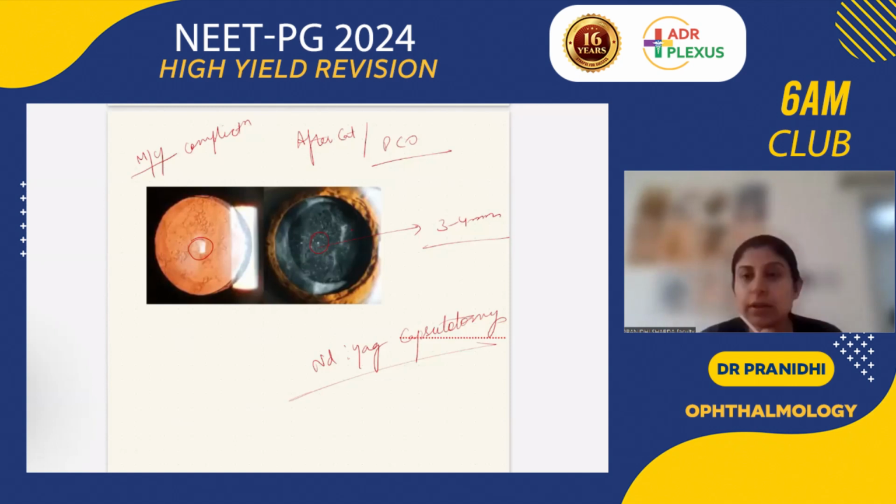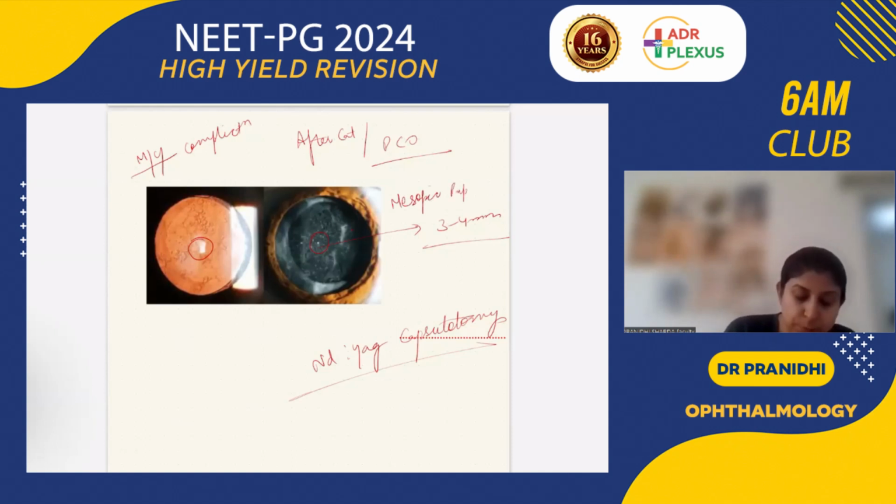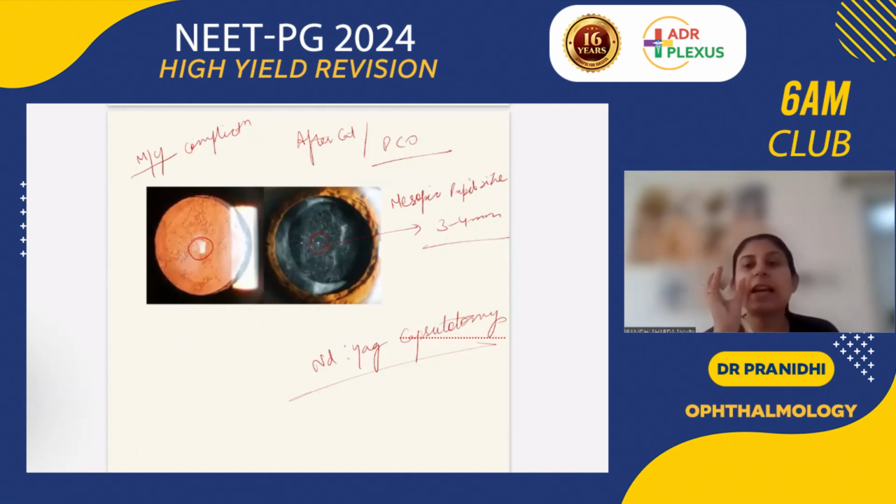We are giving this 3 to 4 mm opening because this is the mesopic pupil size. So we are clearing the visual axis of the eye only. We are clearing the central part, which is the mesopic pupillary size, and the rest is covered by the iris.